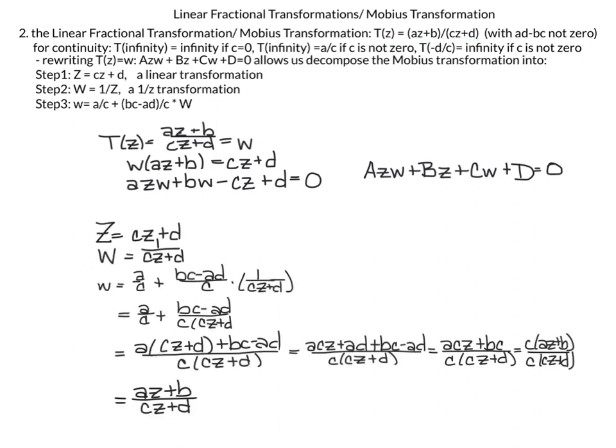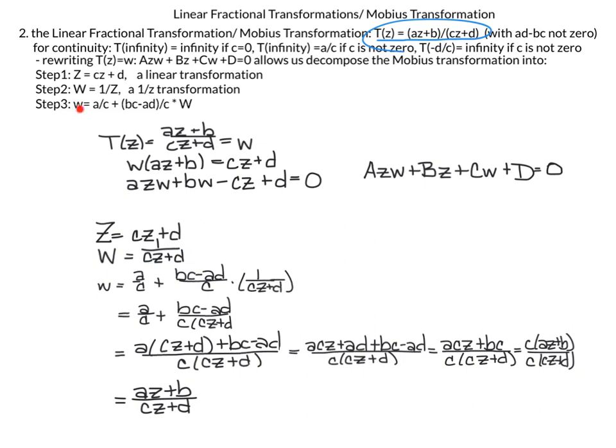And now, to convince myself that these 3 steps do in fact equal my original transformation, T of z equals (az + b) over (cz + d), I perform the 3 steps. So I have capital Z equals cz plus d, so I wrote that here. Now w is equal to 1 over Z, so w now is equal to 1 over (cz + d).